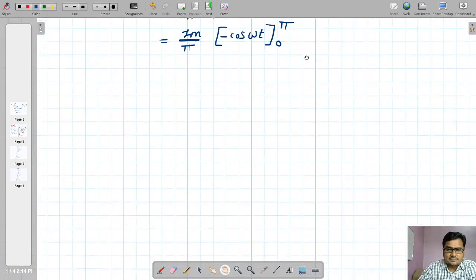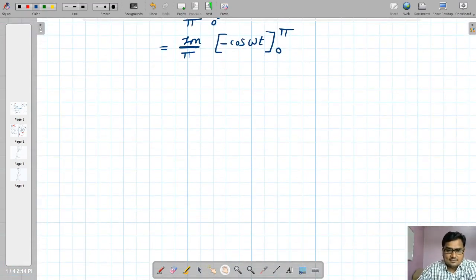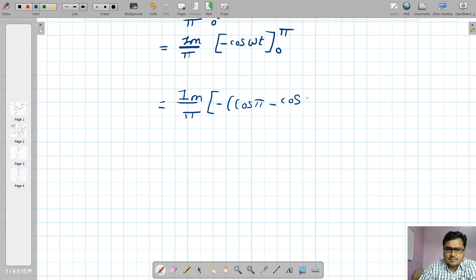Now solve it further. It will be Im divided by pi times minus of cos pi minus cos 0.